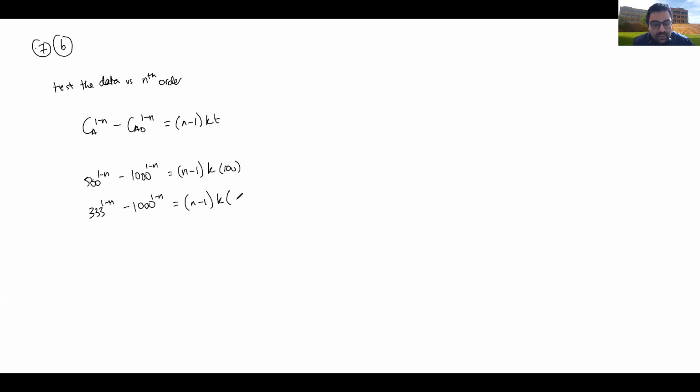In this case, it's 200. If I divide these two by each other, I'm going to get 500 to the 1 minus n minus 1000 to the 1 minus n, divided by 333 to the 1 minus n minus 1000 to the 1 minus n is equal to what? Is equal to half.